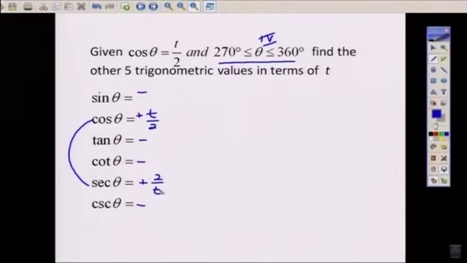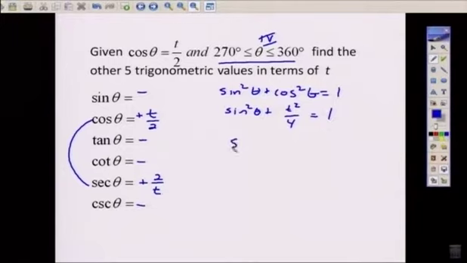Next, I'm going to find sine. And I'm going to use my favorite identity, sine squared theta plus cosine squared theta equals 1. So sine squared theta plus t squared over 4, if I square the value for cosine, equals 1. So I'm going to subtract over the t squared over 4.